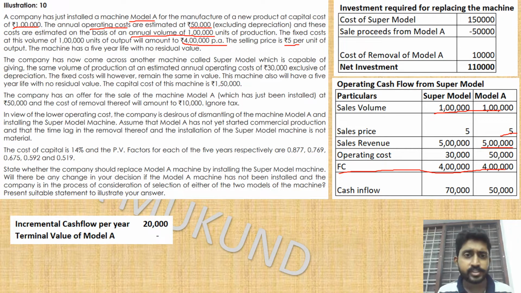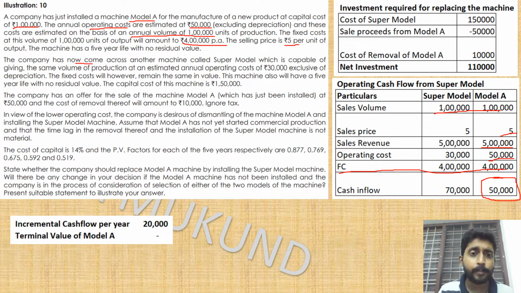The operating cost is given as 50,000. So reduce 50,000 from 5 lakh, and the fixed cost of 4 lakh. If you reduce, the total cash inflow from this model A comes to 50,000 per year. That is the cash inflow that we are getting. So this is about model A.